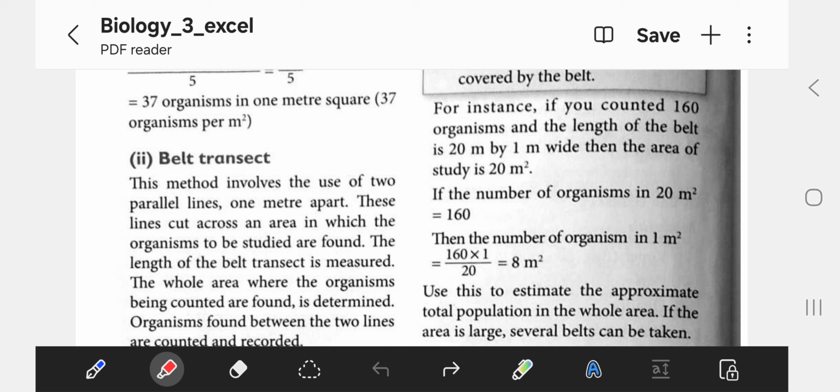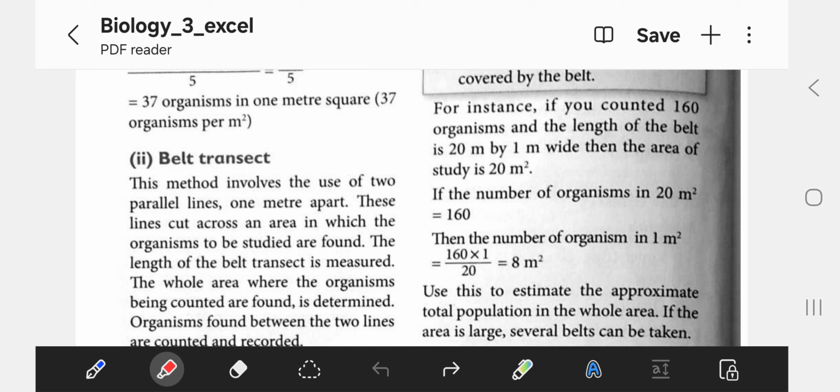And then what you do, you go the first time and capture your organisms, your animals. After capturing, you mark them with some ink, but the ink has to be harmless, so that marking the organisms does not affect their life.